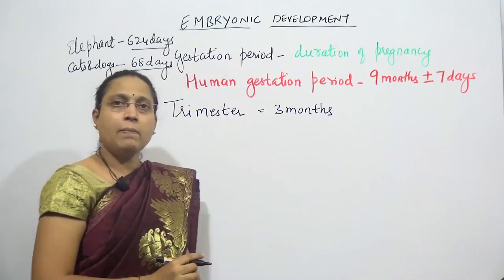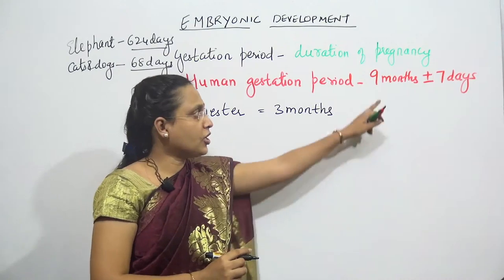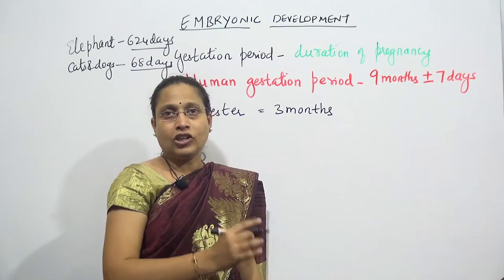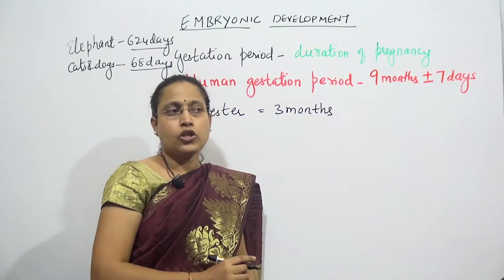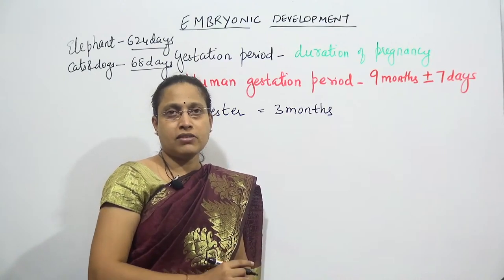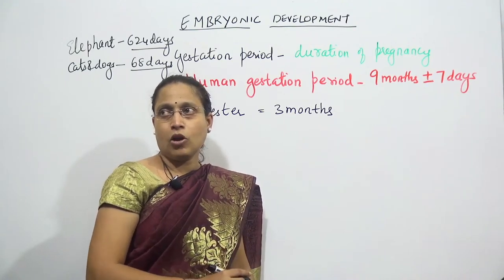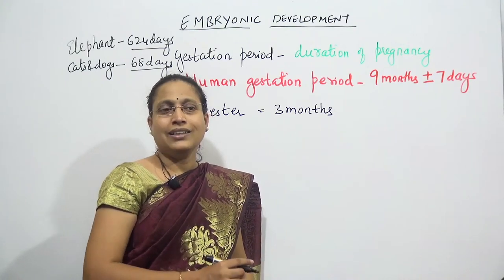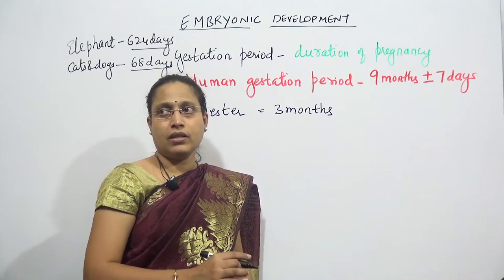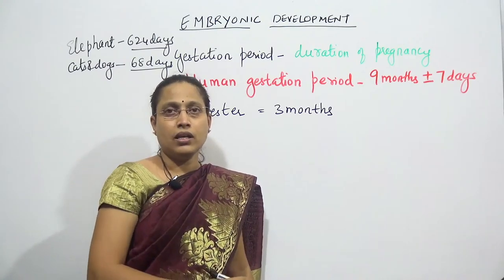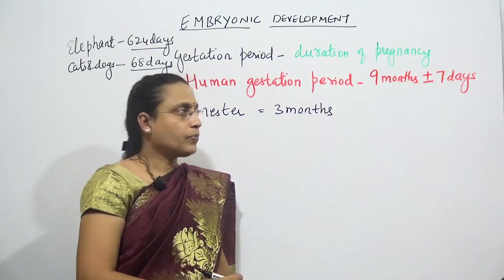Then how many trimesters will be there in a gestation period of 9 months? There will be 3 trimesters. So the first 3 months is called the first trimester, the second 3 months is called the second trimester, and the next third part of 3 months will be the third trimester.